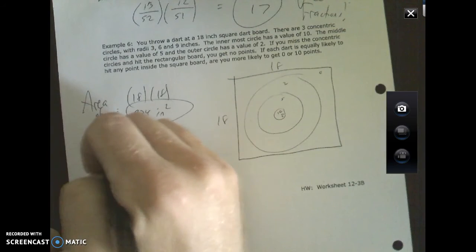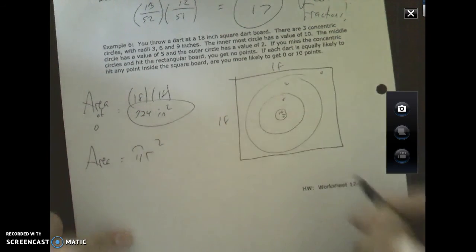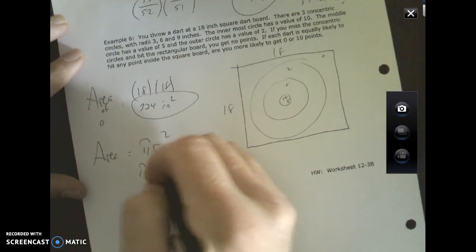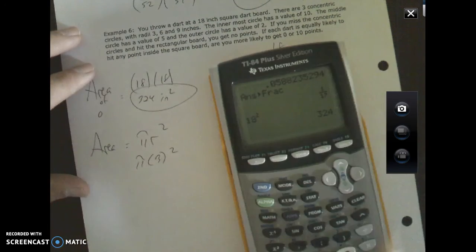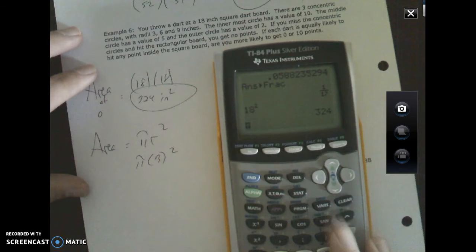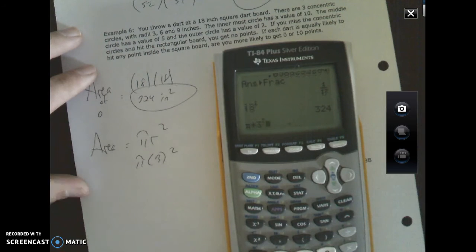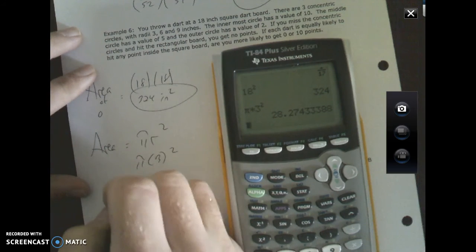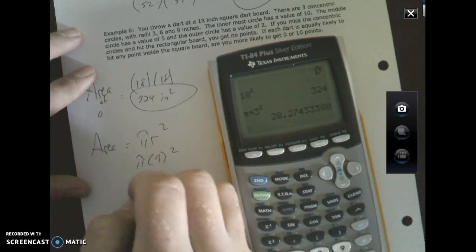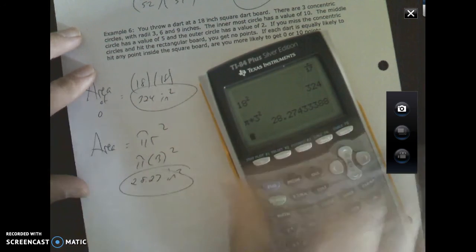So the area of the innermost circle is pi r squared. So in this case, it's pi 3 squared. So I can do second caret, there's my pi button, times 3 squared. And I get an area of 28.27 inches squared.